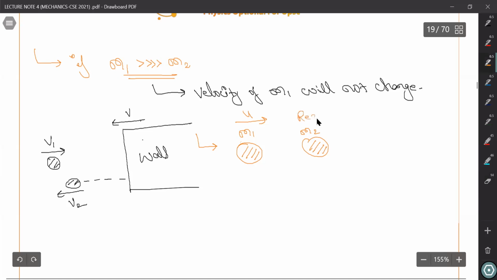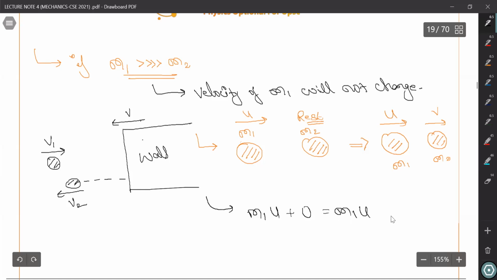Let's consider this case, that m2 is at rest and m1 is moving. After a certain interval of time, after collision, m1 will move with u only because it's a massive thing, and m2 will move with v, and we need to find this v. Using conservation of momentum, you can write m1u plus m2 times 0 equals m1u plus m2v.